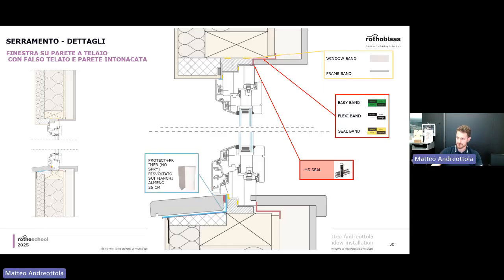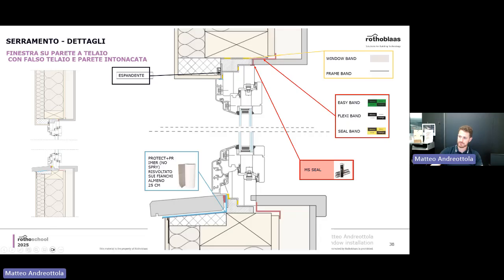Also remember to bend it at least 10 inches on the top, otherwise you end up with problems. And the expand band here in the middle is really important. It's also good to place a little bit of expand here on the side, and this is to avoid cracking in this location, which usually occurs otherwise.